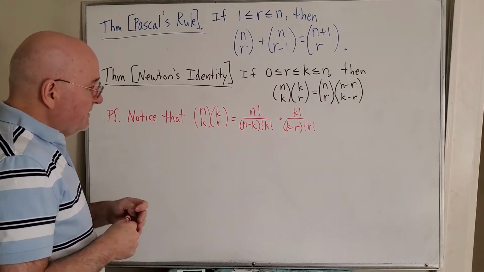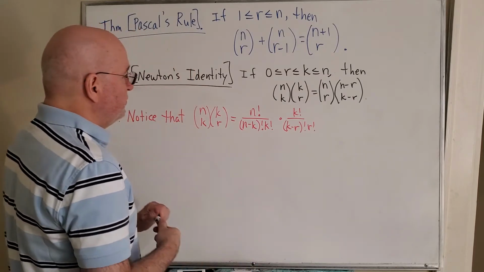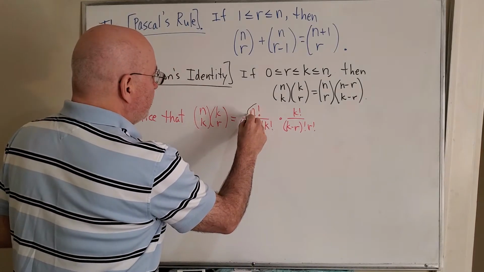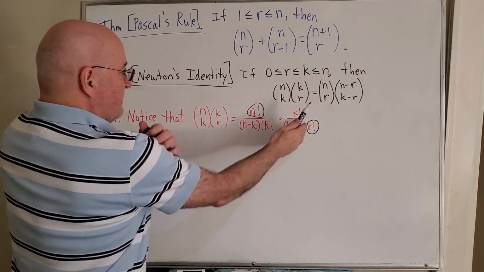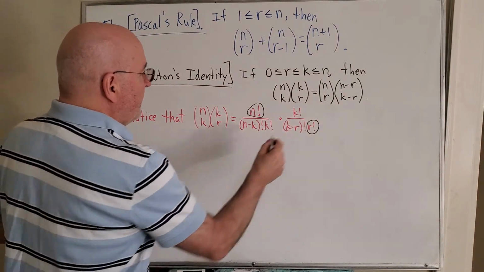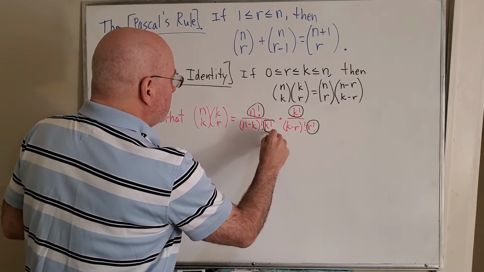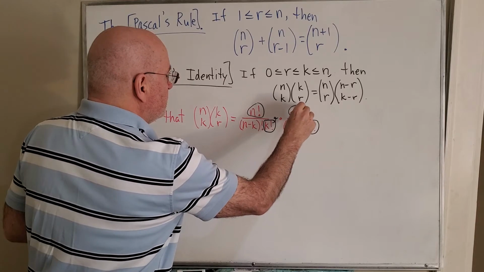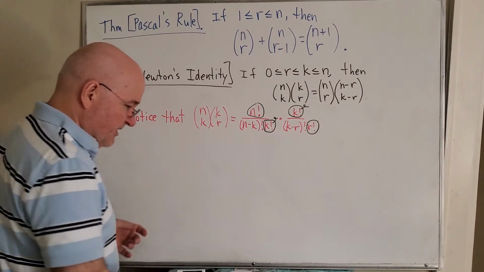So I'm going to do a little bit of rearranging here. I want to have n factorial over r factorial for one thing, so I'm going to move the r factorial over here. I'm also going to notice that those two just go away. k factorial over k factorial just cancels each other out.